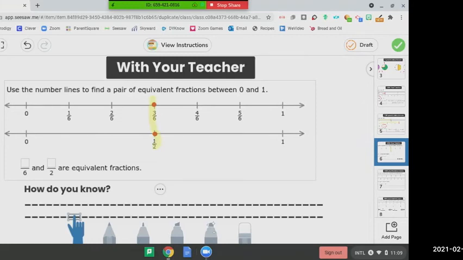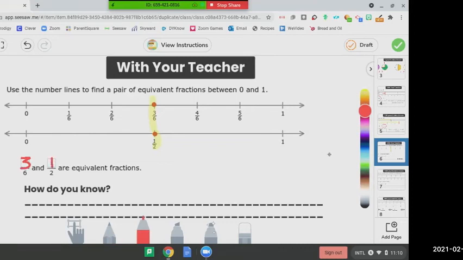So these fractions are equivalent or equal sized because they line up at the same distance. So when we read our number lines, we can see that this is 3/6 and 1/2. Okay, 3/6 and 1/2 are equivalent fractions.